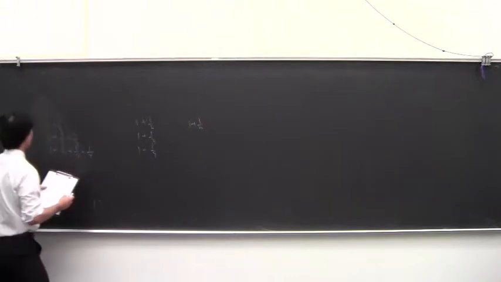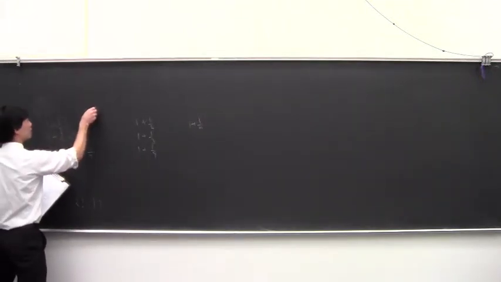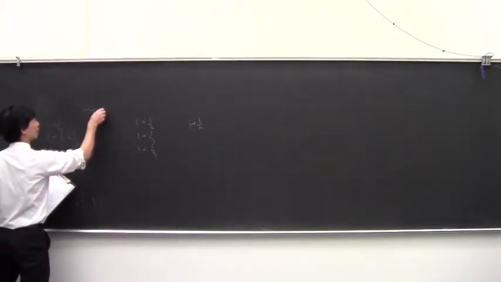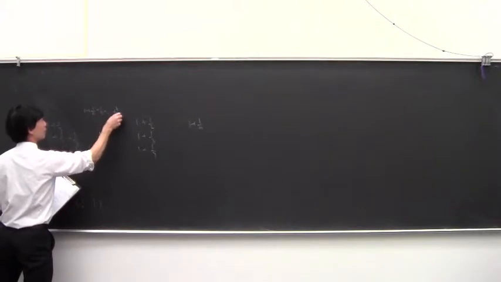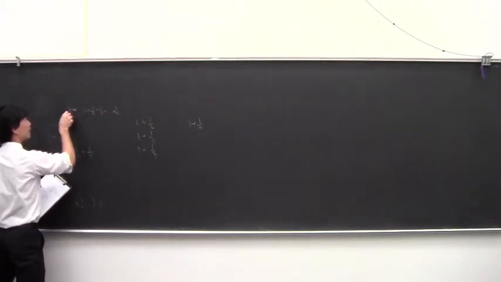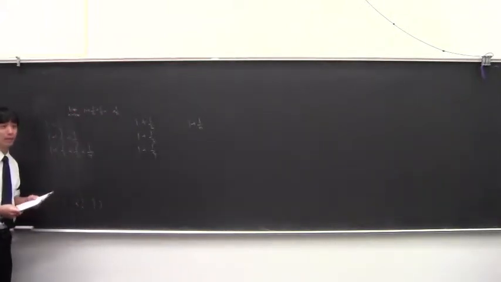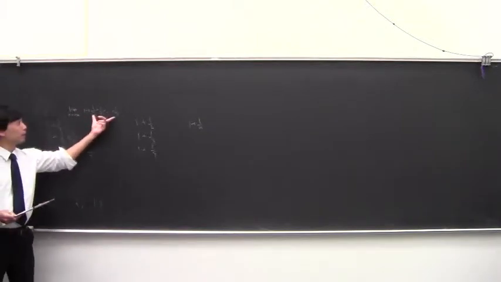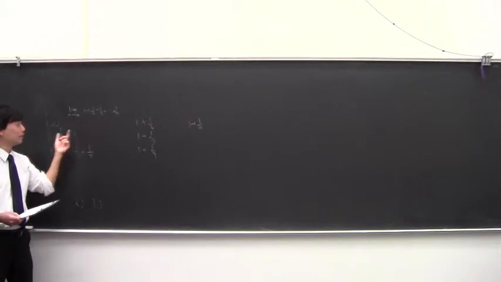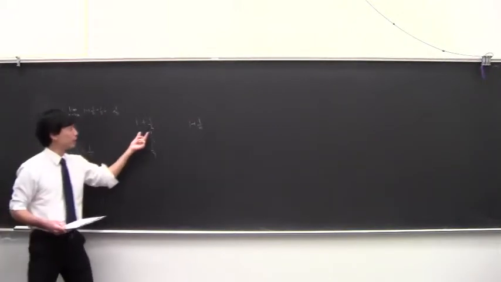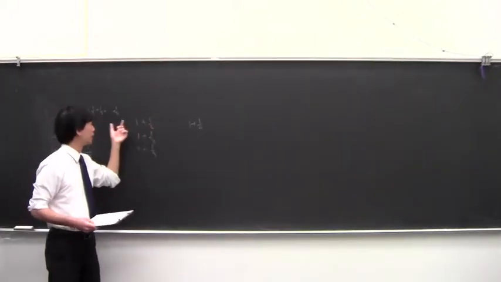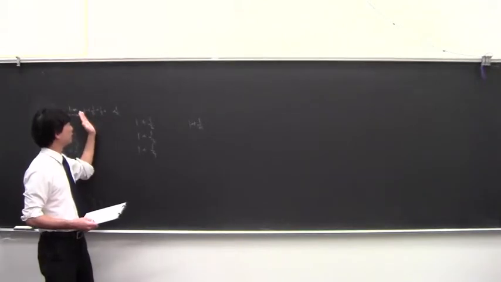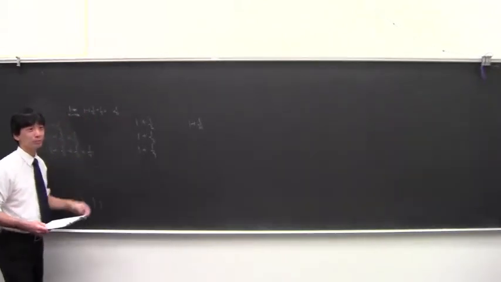But here we're looking at 1 plus 1 half plus 1 third plus up to 1 over n as n goes to infinity, so the number of terms is increasing at the same time. We're not just adding on 1 term, but we're adding n terms total.